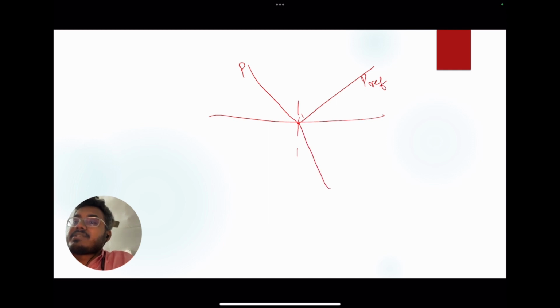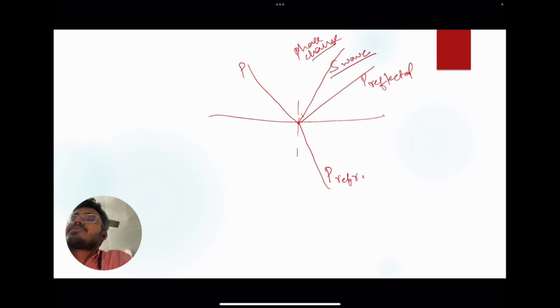When seismic waves travel from one velocity medium to a medium in which the velocity is different, three things happen. It gets reflected, it gets refracted, and it also does phase change. The P will convert into the S wave, and S will also change into the P wave.